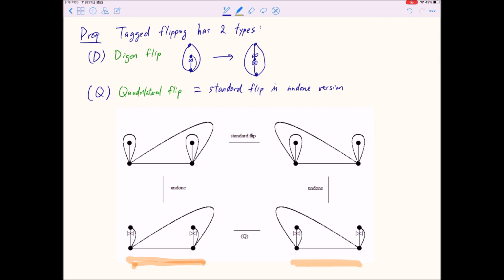What you do is first you undone your quiver, so you're replacing the tag arc with a loop around the puncture. And now you can do the flip. So we are interested in doing the flip of this arc. After you do the flip, you go back to the tag version. So basically you undone your picture, then you do the flip, and then you replace it back with the tag version.